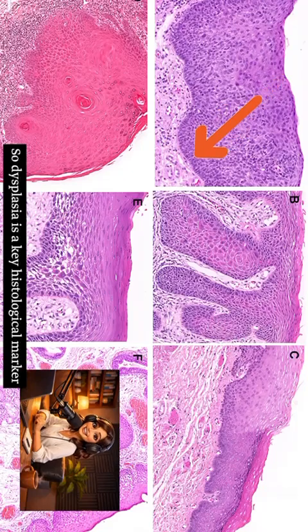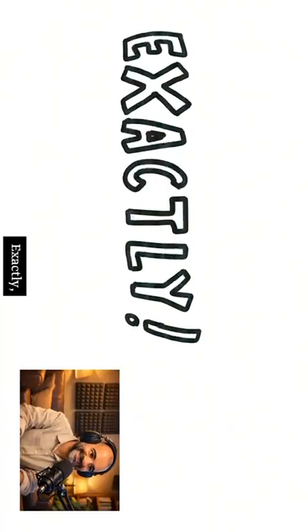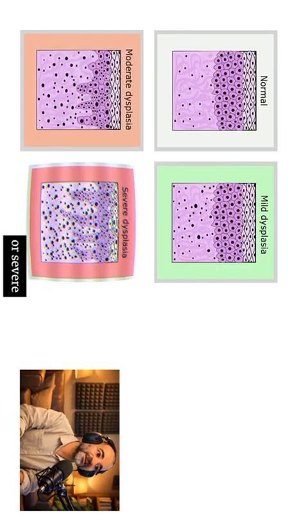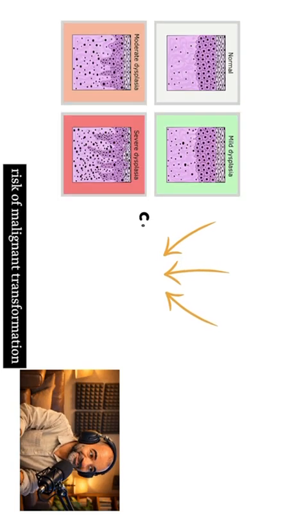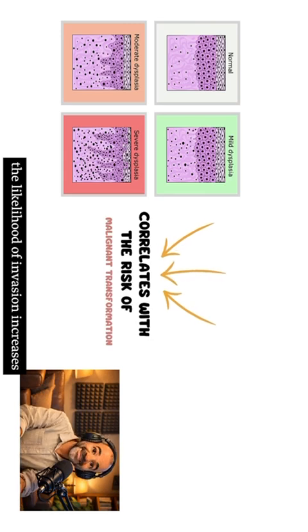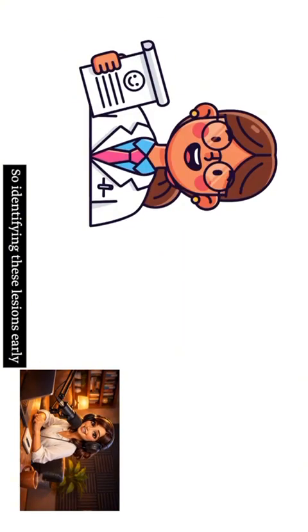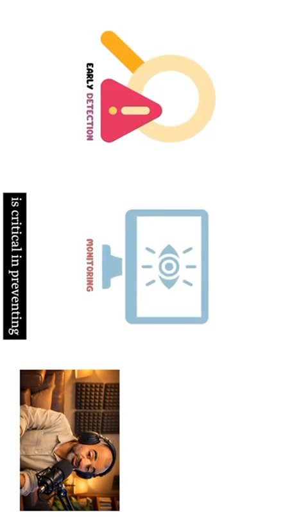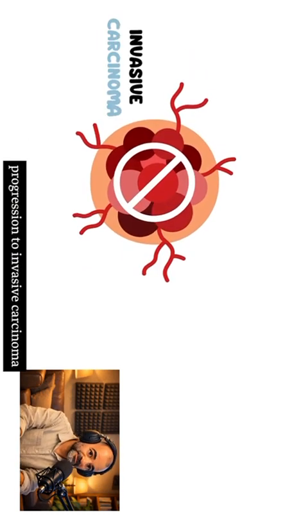So dysplasia is a key histological marker? Exactly. The severity of dysplasia, mild, moderate, or severe, correlates with the risk of malignant transformation. As dysplasia progresses, the likelihood of invasion increases. So identifying these lesions early can really change outcomes. Absolutely. Early detection and monitoring of PMDs is critical in preventing progression to invasive carcinoma.